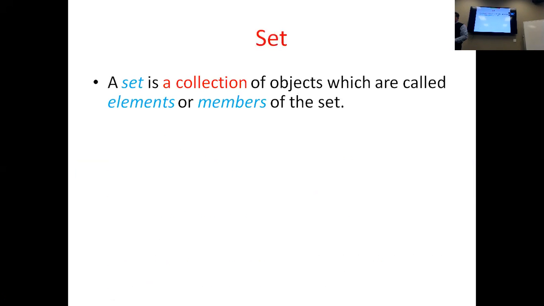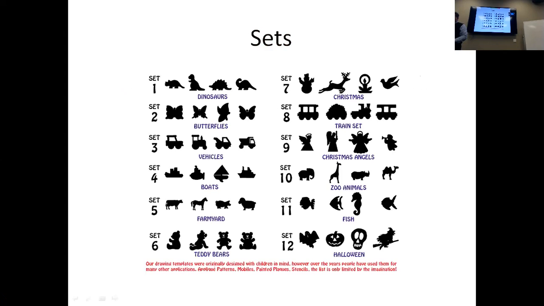We're going to talk about sets. What is a set? It is a collection of objects which are called elements or members of the set, as you can see in the PowerPoint. Let me go back to the previous slide. For example, set number 1 is a set of dinosaurs. Set number 2 is a set of different butterflies.